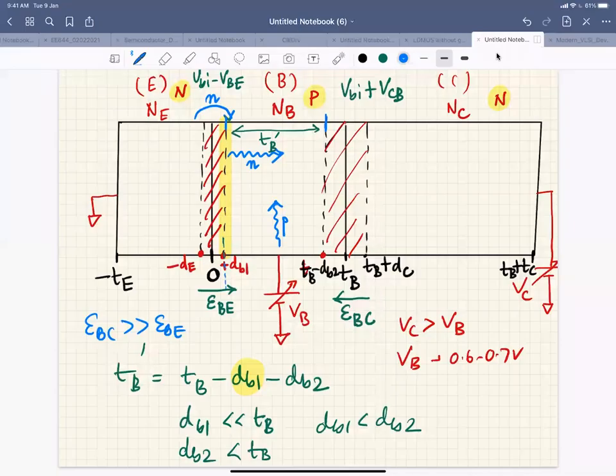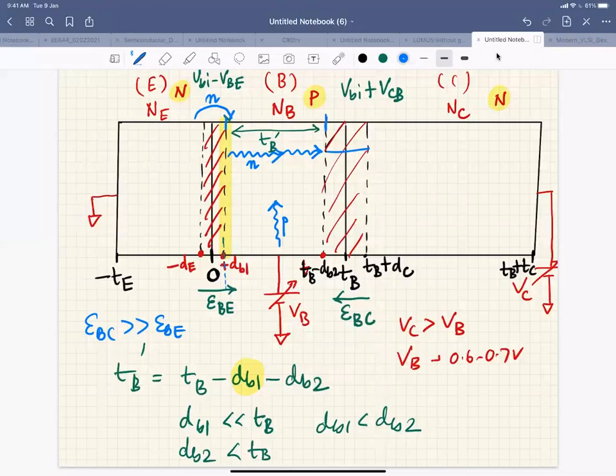So the electrons will diffuse from dB1 to TB minus dB2, and some of these electrons are recombined. So I have a hole flow from the base, right? Some of the electrons will reach here. The moment they reach, because there is a very high electric field EBC, these electrons will be pulled, right?